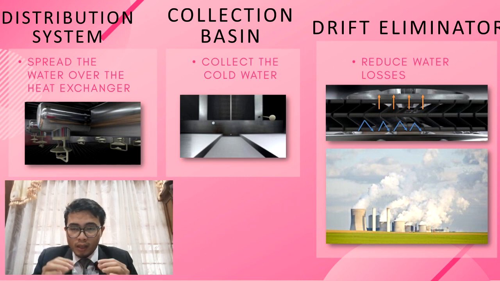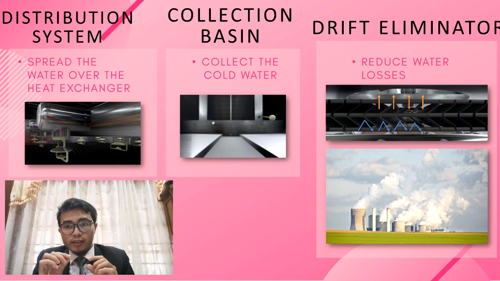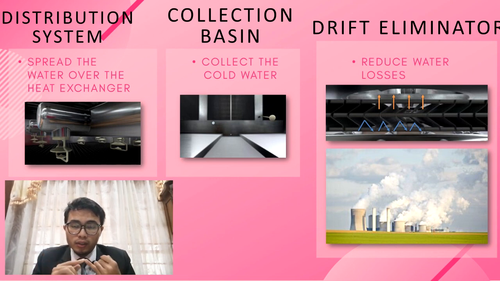And the third one is the drift eliminator. The drift eliminator is purposely used to reduce water losses. So how does the drift eliminator reduce water losses? As the hot water evaporates at the heat exchanger, the air combined with the water, which we now call water vapor, moves out from the cooling tower.